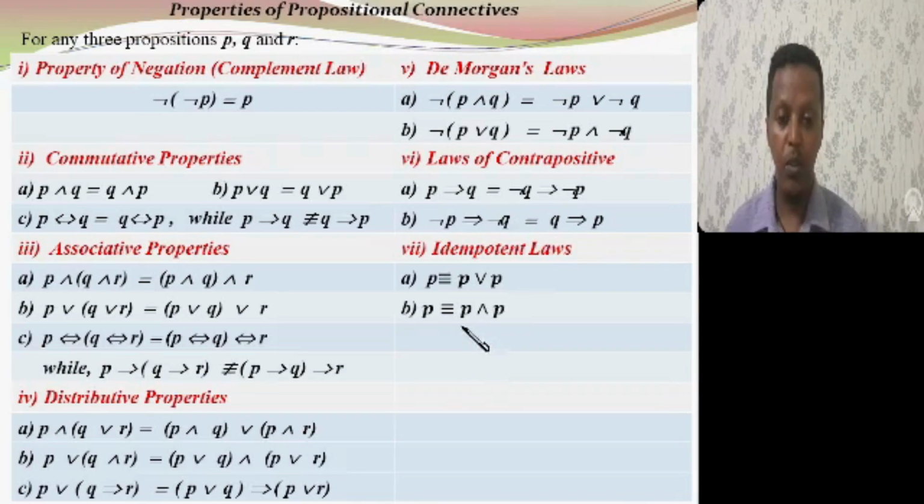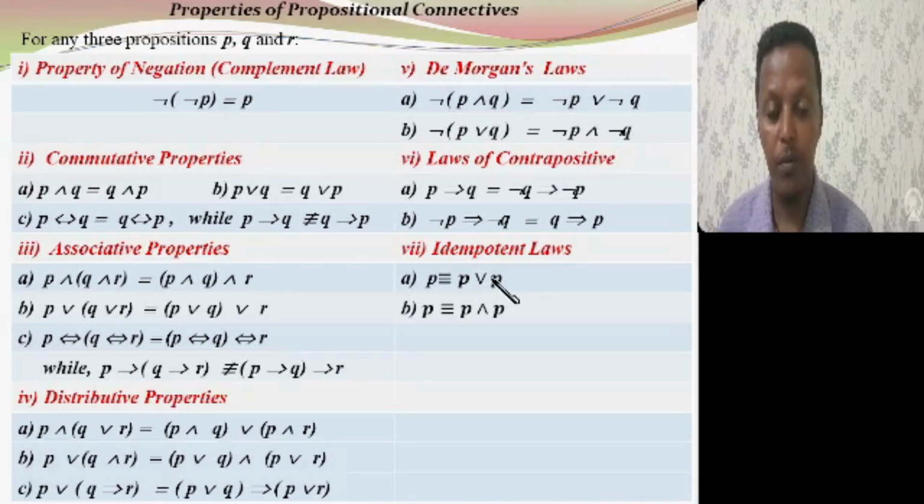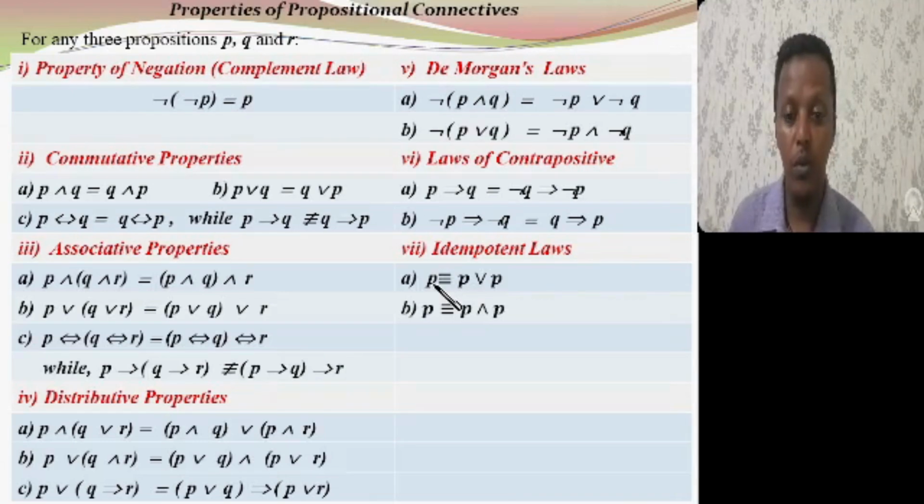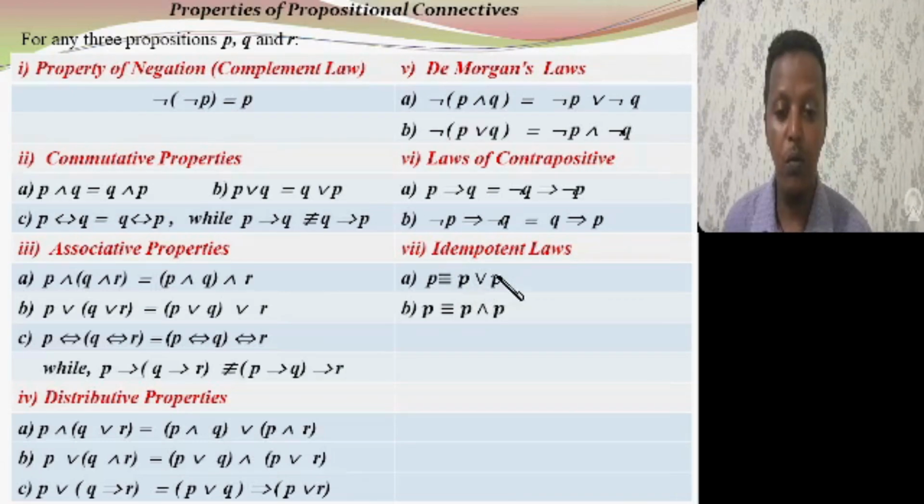The last is the idempotent law. P is equivalent to P or P. It is simple. For a single proposition P, you have what? 2 options. It can be true or it can be what? False. So in case P is false, false or false is what? False. That is equivalent to P. If P is true, true or true is what? True.